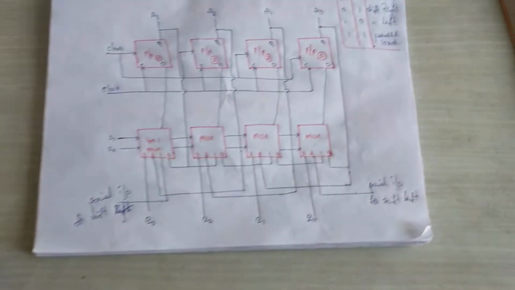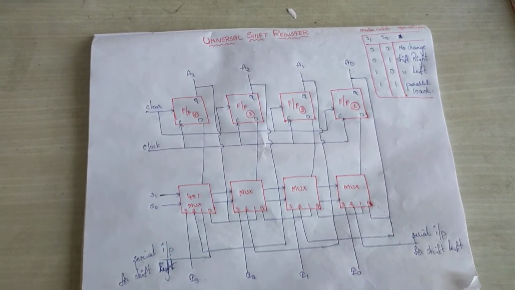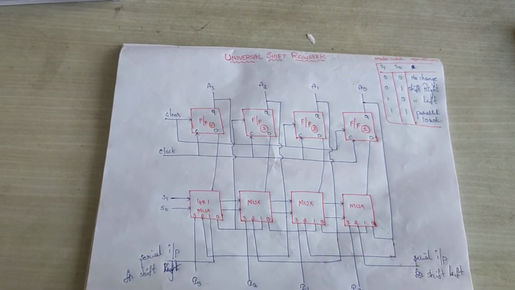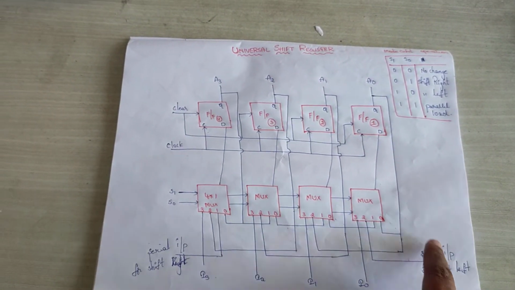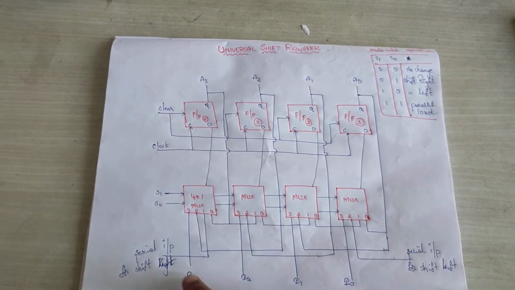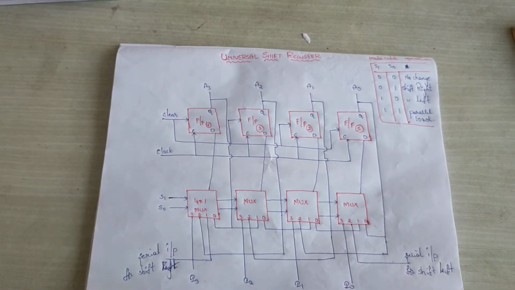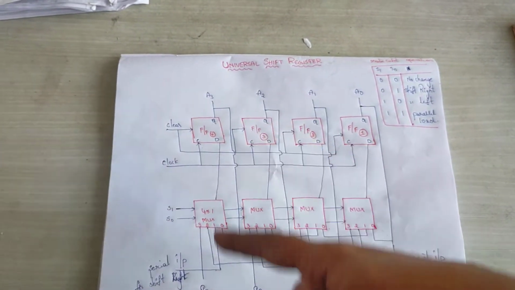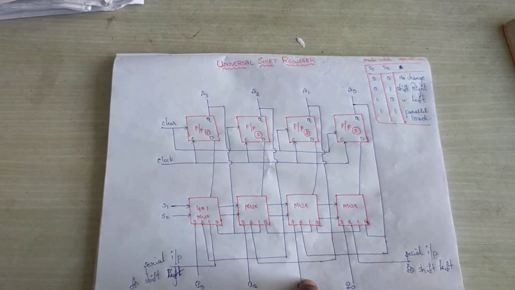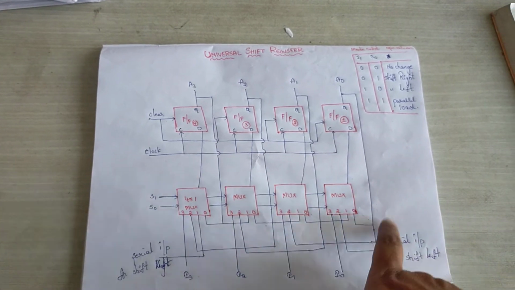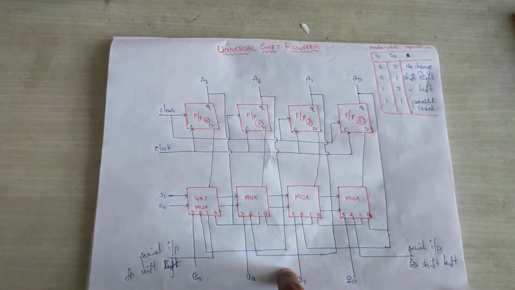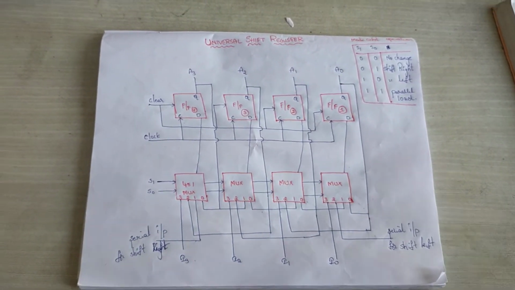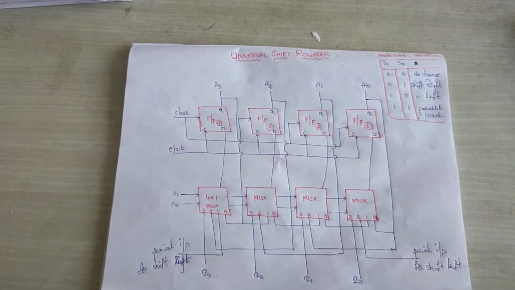Then a universal shift register has the capability to shift both left to right and right to left, as well as parallel load also. Whatever shifts it can do, it can shift from left to right, right to left, and it will have parallel load capabilities also. That is known as universal shift registers.